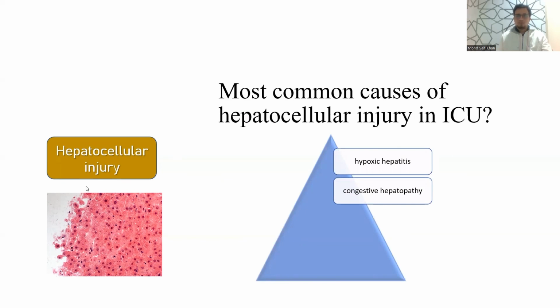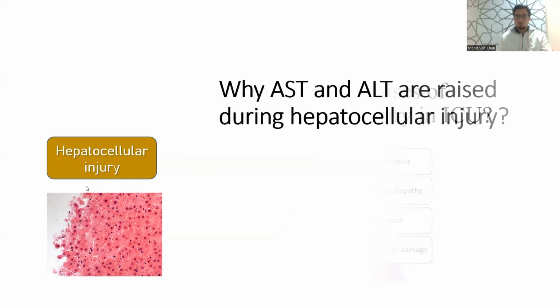Then there is the common problem of septic shock, where there is a vasodilated state leading to alterations in the microvasculature of the hepatic vascular system. And then there is also a chance of drugs, because in ICU we use a lot of drugs. Drugs, direct effect or interactions between drugs, can damage the liver cells. So that is important to know.